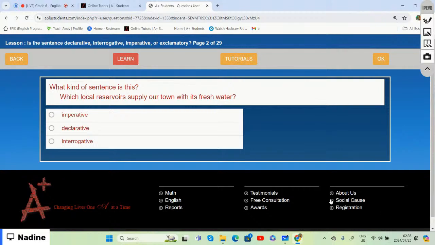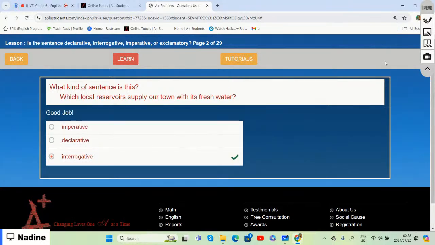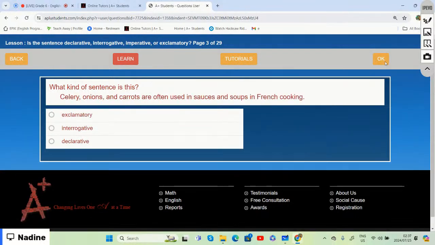All right. And if we were to choose the correct sentence type, we'd say this is an interrogative sentence. Because remember, they're asking a question, right? So they're asking you a question. So it's interrogating you. So well done. It's option three.